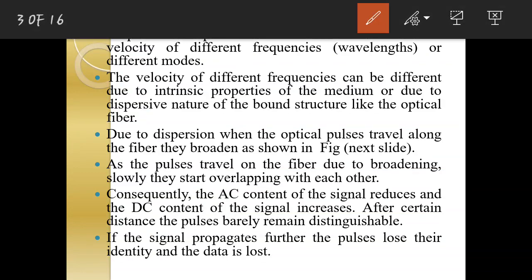So dispersion says that you're going to send an input signal to the fiber. It is not necessary that only one particular wavelength is traveling inside the fiber. You may have different waves traveling inside the fiber, each with a different velocity.